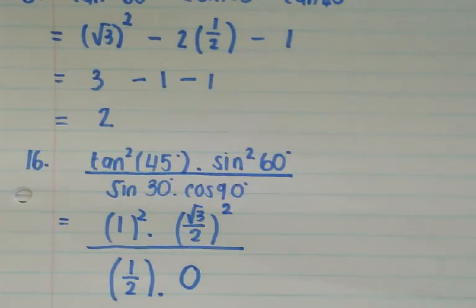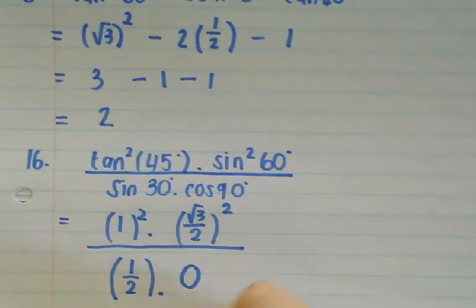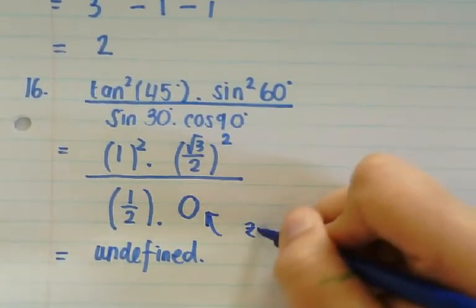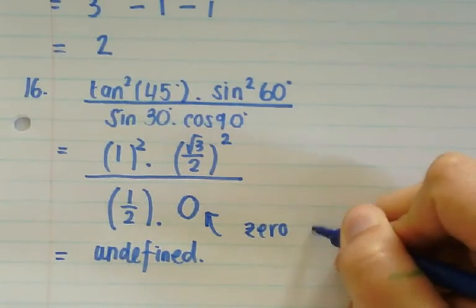Look at your denominator. There can never be a 0 in my denominator. So this, I don't even have to do any extra work, will be undefined. Please remember 0 can't be in the denominator.